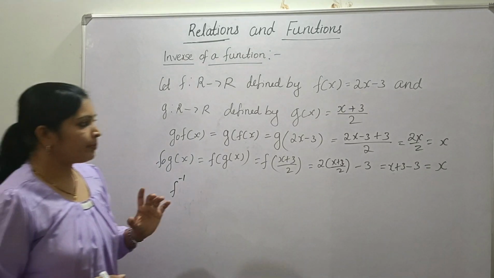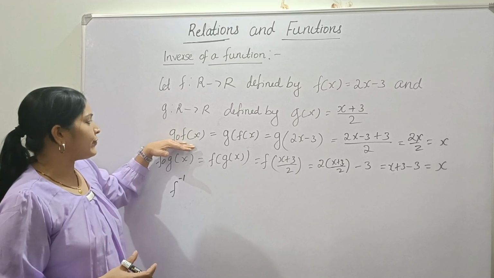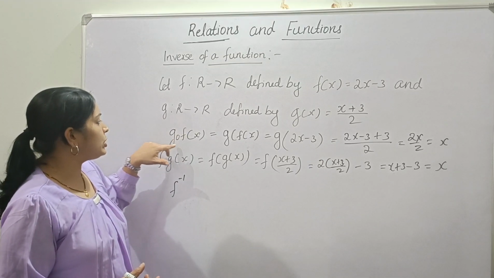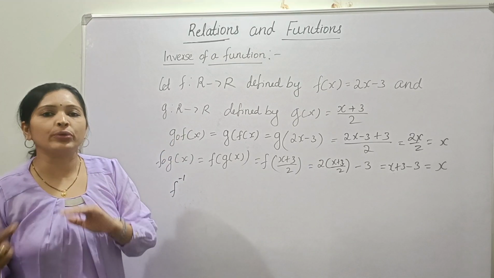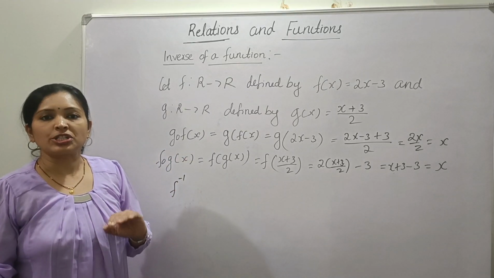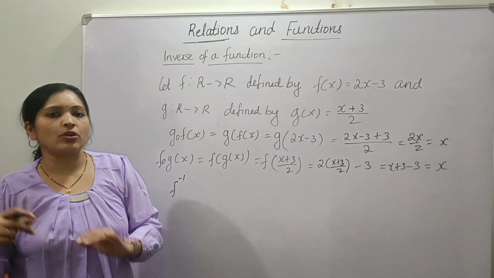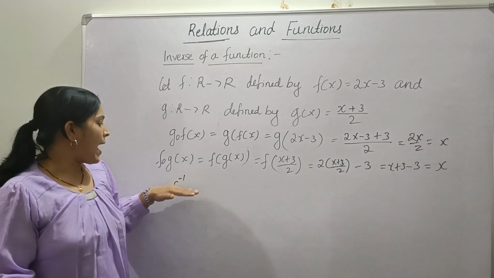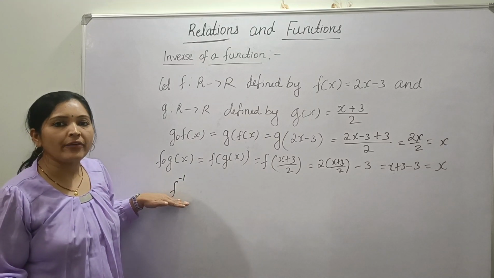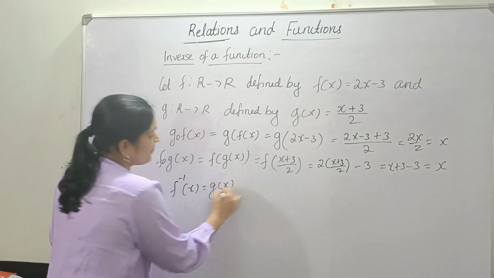Remember, when you are solving problems, if you get g composite f of x equal to x, that means g composite f is an identity function, then we can conclude that g is the inverse of the function f, denoted by f inverse. So f inverse of x is equal to g of x.